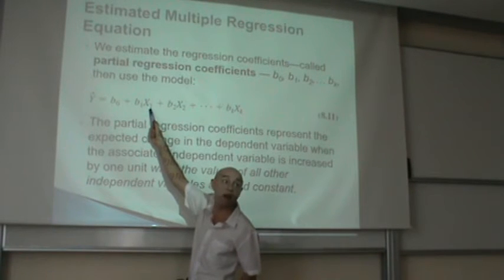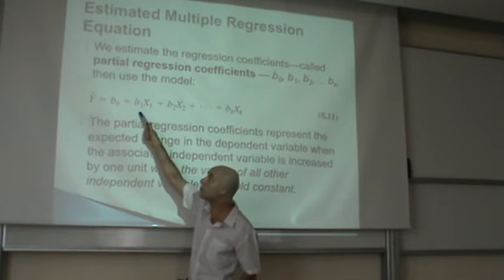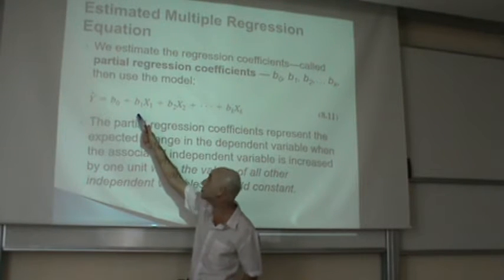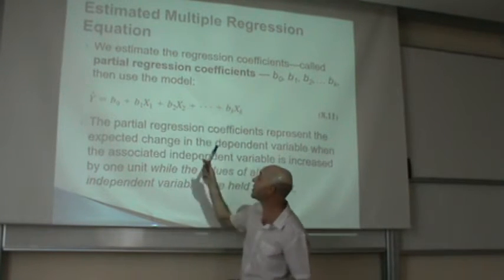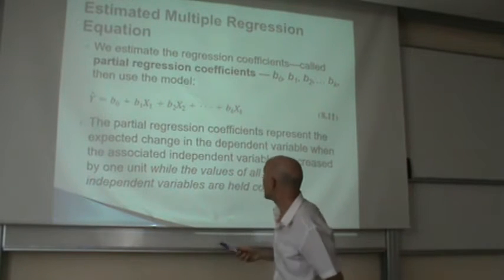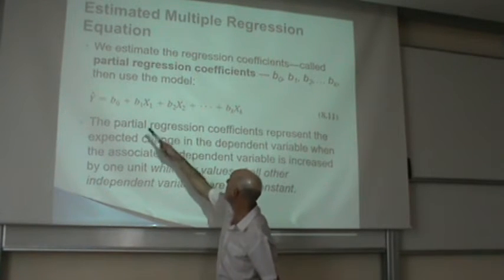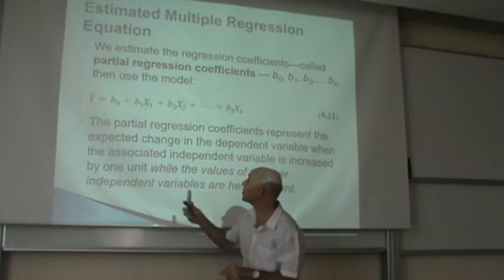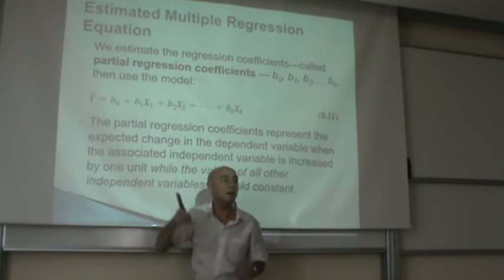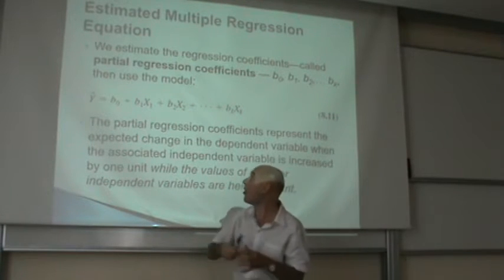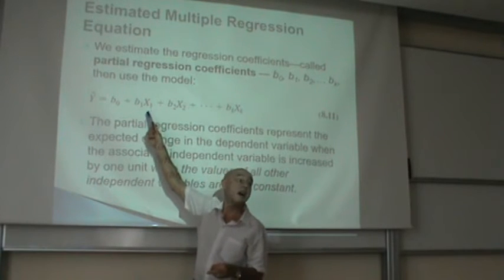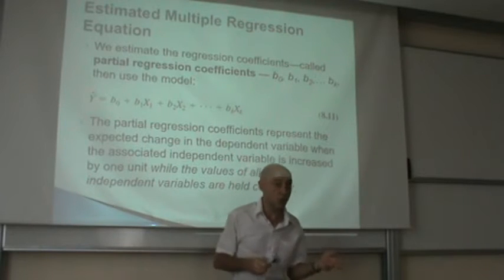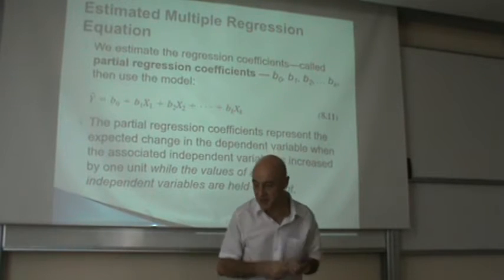So x1 is the first independent variable, b1 is the first coefficient, and so on for each one of them. Sometimes these are called partial regression coefficients. Partial means that b1 isolates the effect only for x1, b2 only for x2.